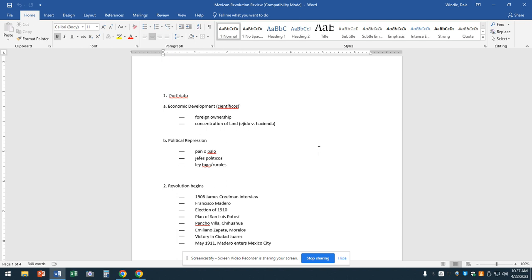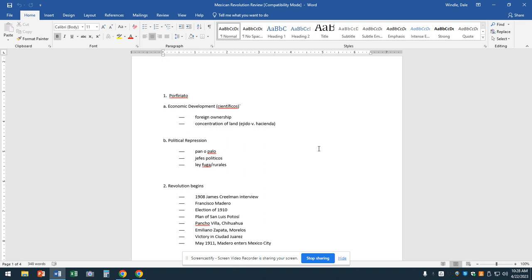Haciendas were giant farms or ranches that were granted to white people by the Spanish, and Diaz allowed the hacendados to pervert a part of the Constitution of 1857 meant to limit the ownership of land by the church, twist that law, and start taking ejido land. This swelled the number of landless Mexicans, and so we see a dramatic stratification of wealth in the form of land. Political repression was the other feature of the Porfiriato.